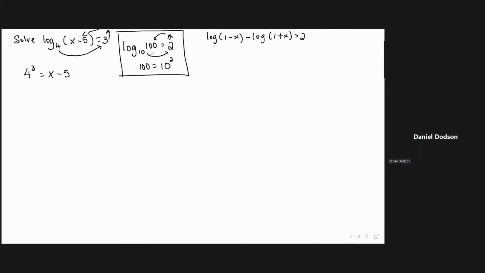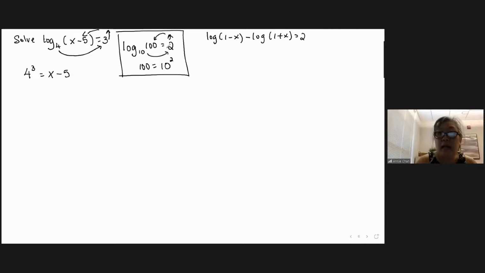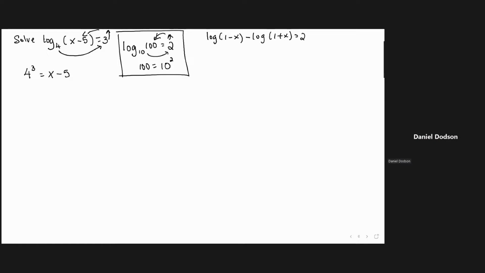I think I got it now. I move the base 10 to the other side, and I move this number on the right side to be the exponent, and then that will be equals to the argument. The reason why I kept saying it's a loop thing is because it's a loop. Do you see that now? Yeah, I think I'm starting to get it, yeah.